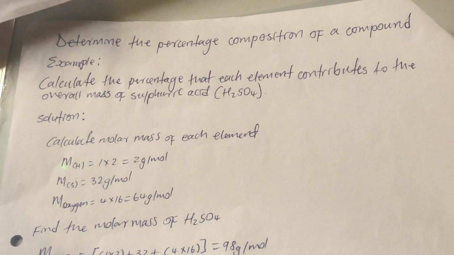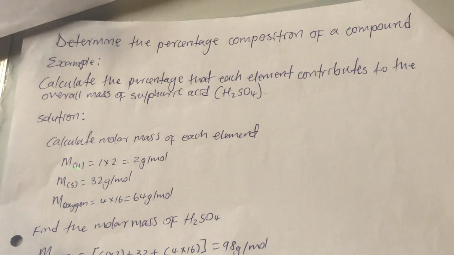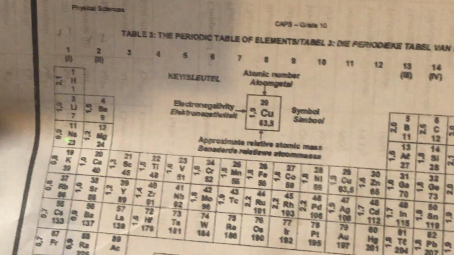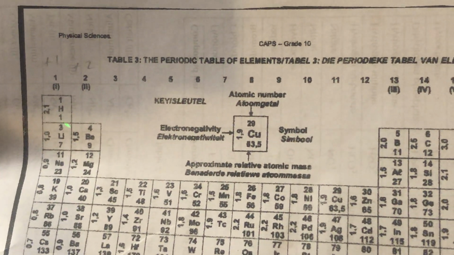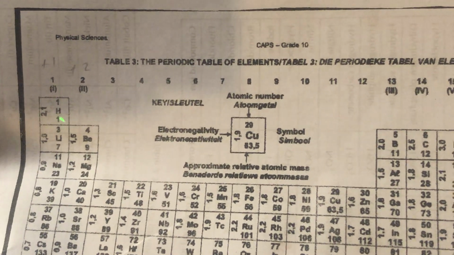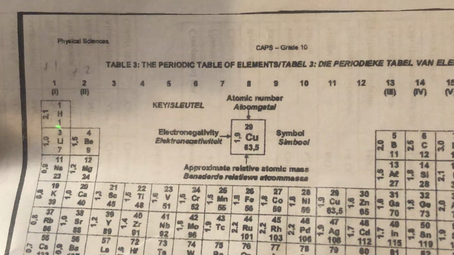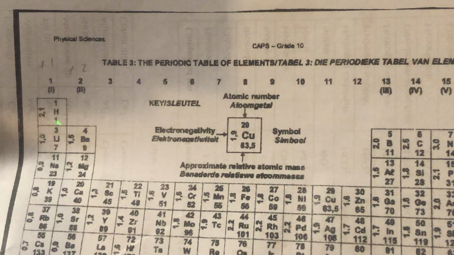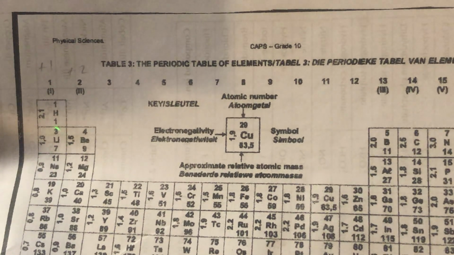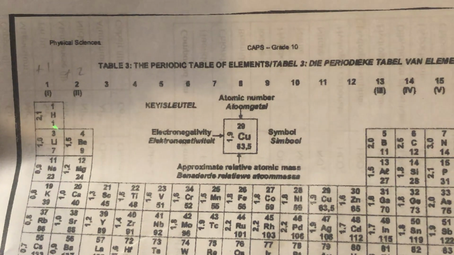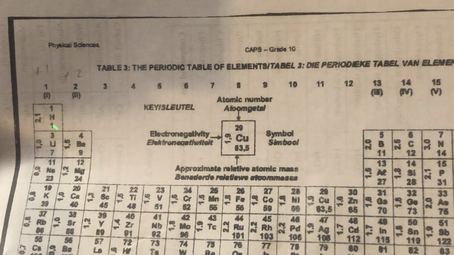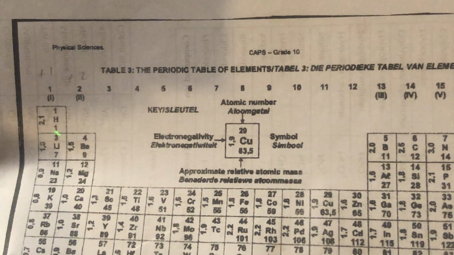For example, if I want to determine the molar mass of hydrogen, I will locate hydrogen on the periodic table and find the atomic mass of hydrogen. In this case, the mass number of hydrogen is 1.